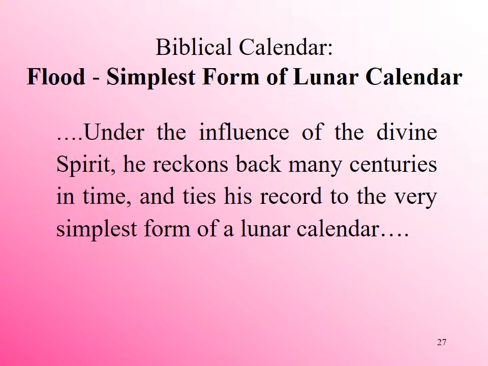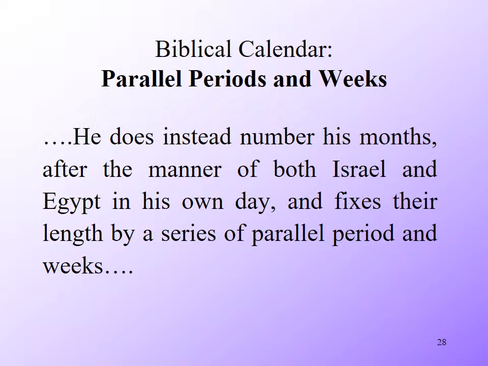The biblical calendar and the flood, the simplest form of lunar calendar. Under the influence of the divine spirit, he reckons back many centuries in time and ties his record to the very simplest form of a lunar calendar. The biblical calendar and the parallel periods and weeks.